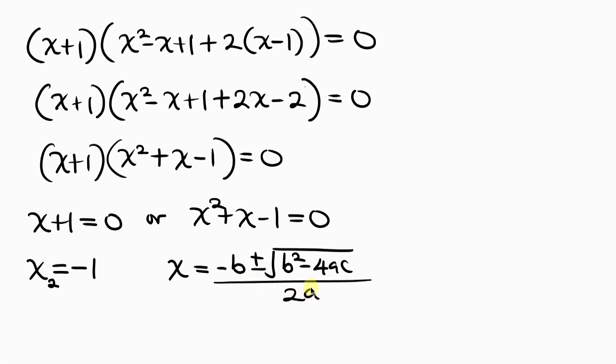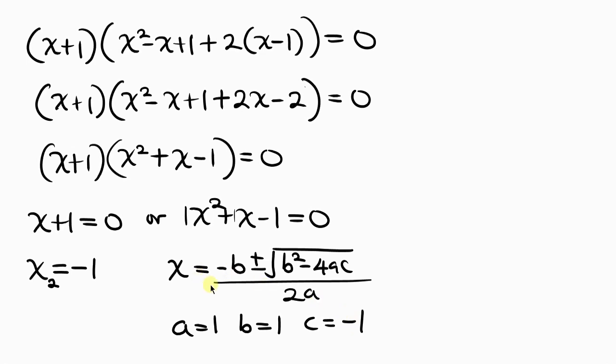So what is our a, what is our b, and what is our c? Our a is a coefficient of x squared, and that's 1. Our b is a coefficient of x, and that's plus 1 as well. And our c is a constant term, which is negative 1.